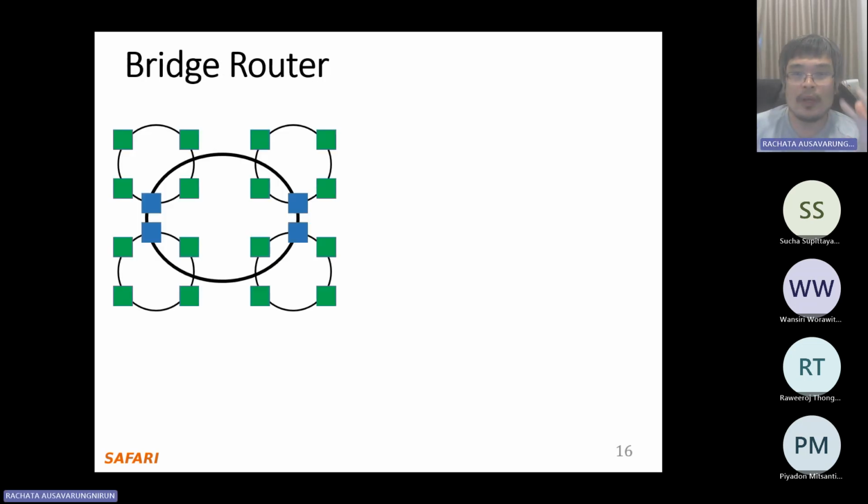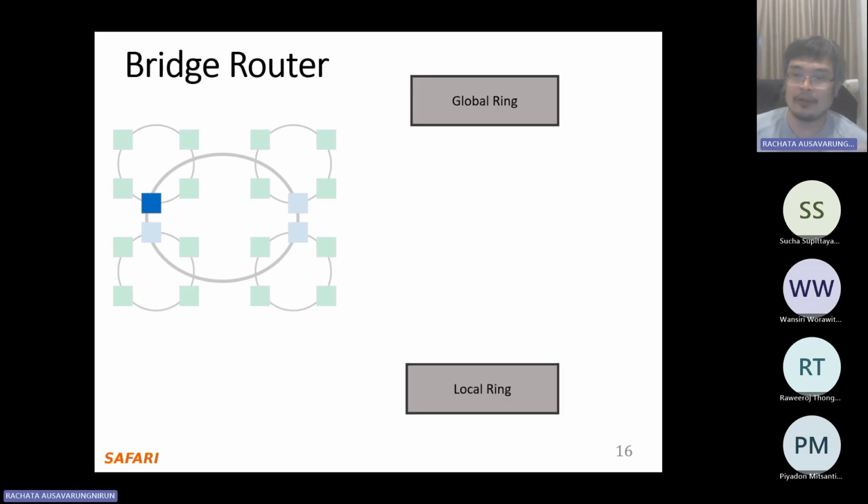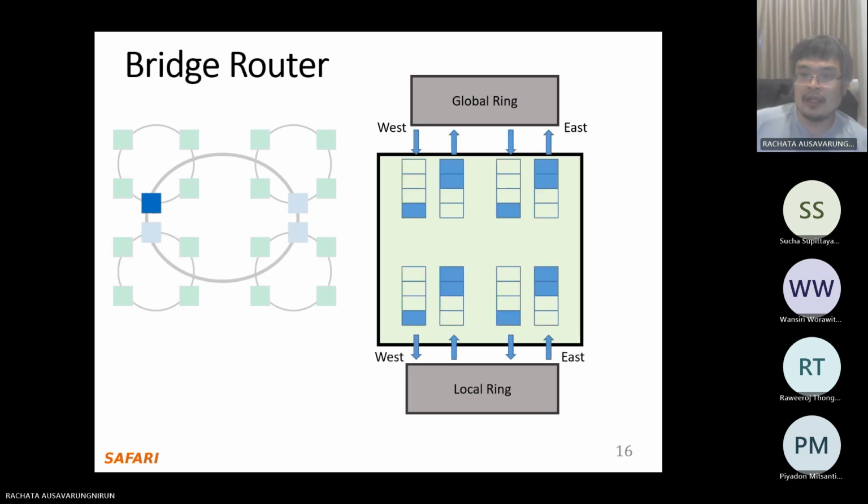Then when you look at the bridge router, when you want to go to another ring, you have the global and the local ring, the one at the top level and the one at the bottom level. Now you just need to make the connection. This is a little bit more complicated because the local ring can come from the east and the west, and the global ring also has the east and the west direction. So you have 4 inputs, 4 outputs.